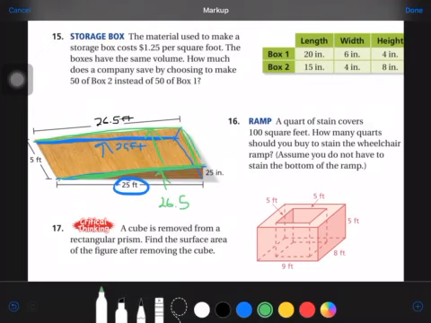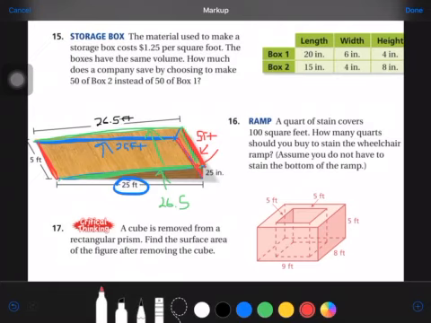So this line here, let's do that one in red. We could go down from it and then across. And we see that that's 5 feet. So both of these are 5 feet, for this one and this one.